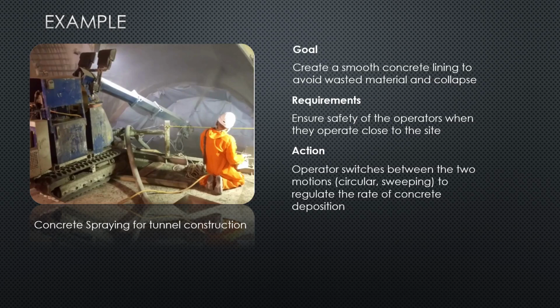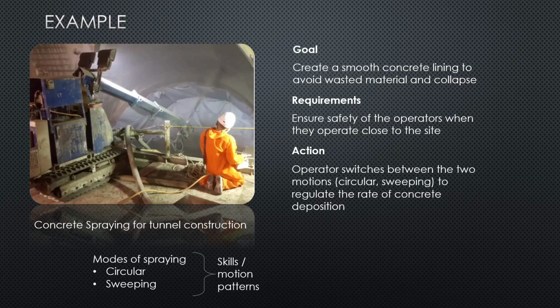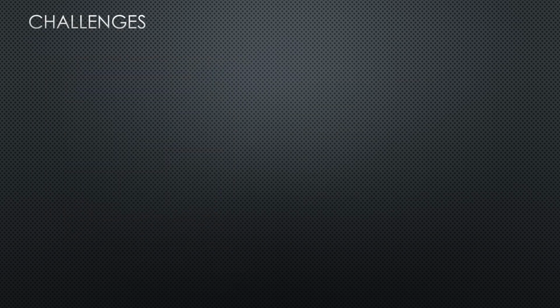This is so that the rate of concrete deposition is uniform, and a proper lining is formed. These two modes of spraying, circular and sweeping, are called skills or motion patterns.